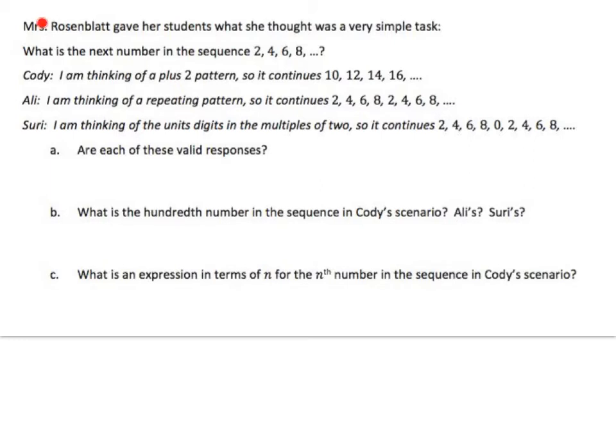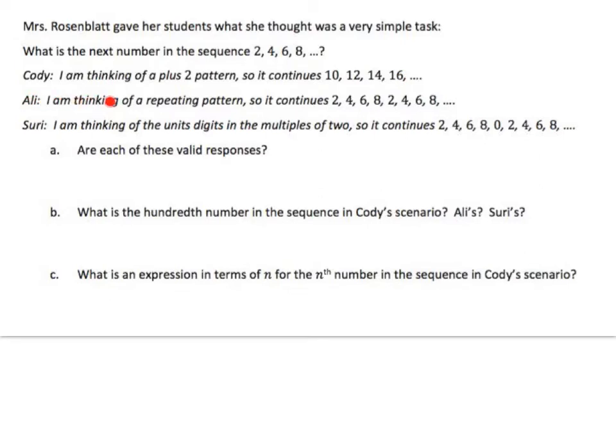First of all, Mrs. Rosenblatt gave her students what she thought was a very simple task. What is the next number in the sequence 2, 4, 6, 8? Cody, I am thinking of a +2 pattern, so it continues 10, 12, 14, 16.